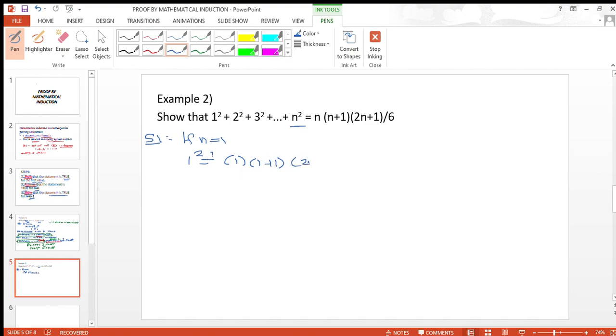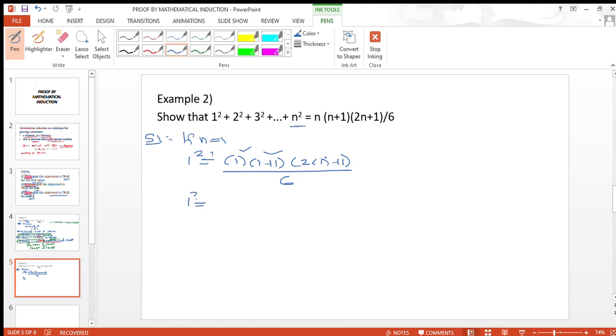So we have 2 times 1 plus 1, everything divided by 6. 1 squared is 1. So is this equal to 1? This is 1 plus 1 is 2.